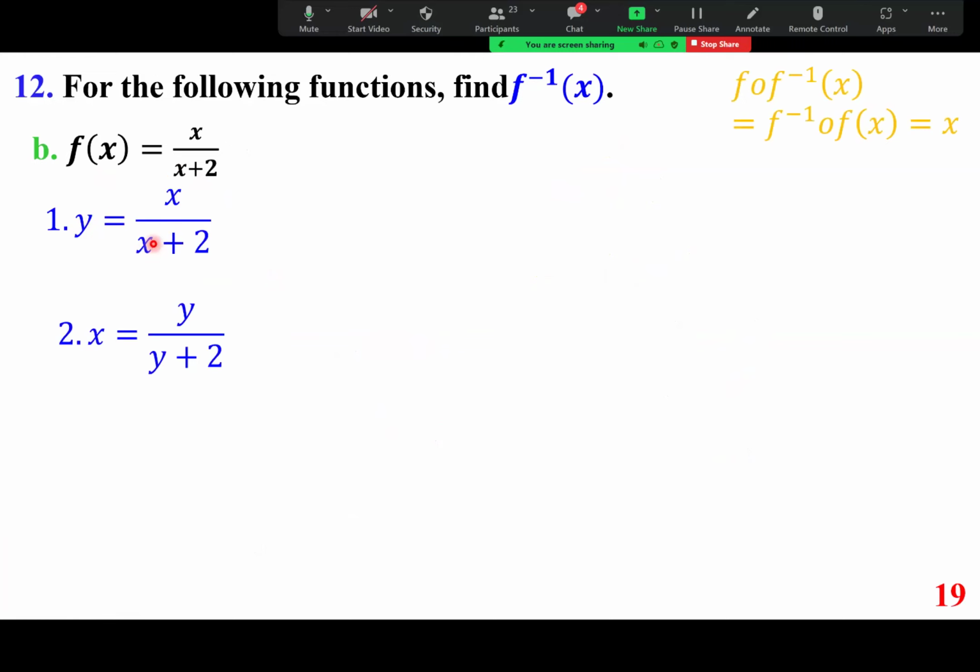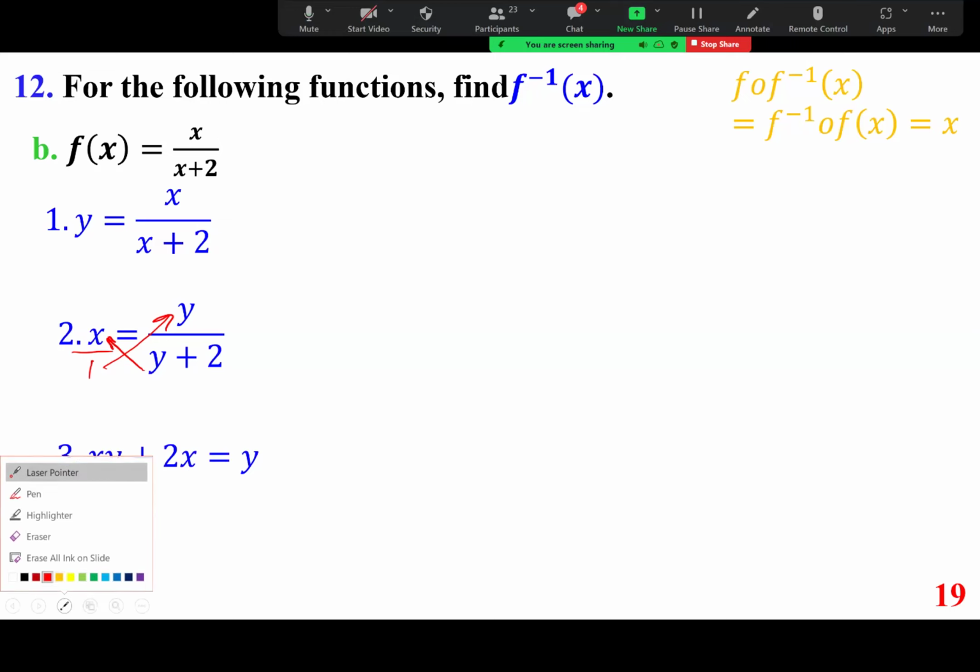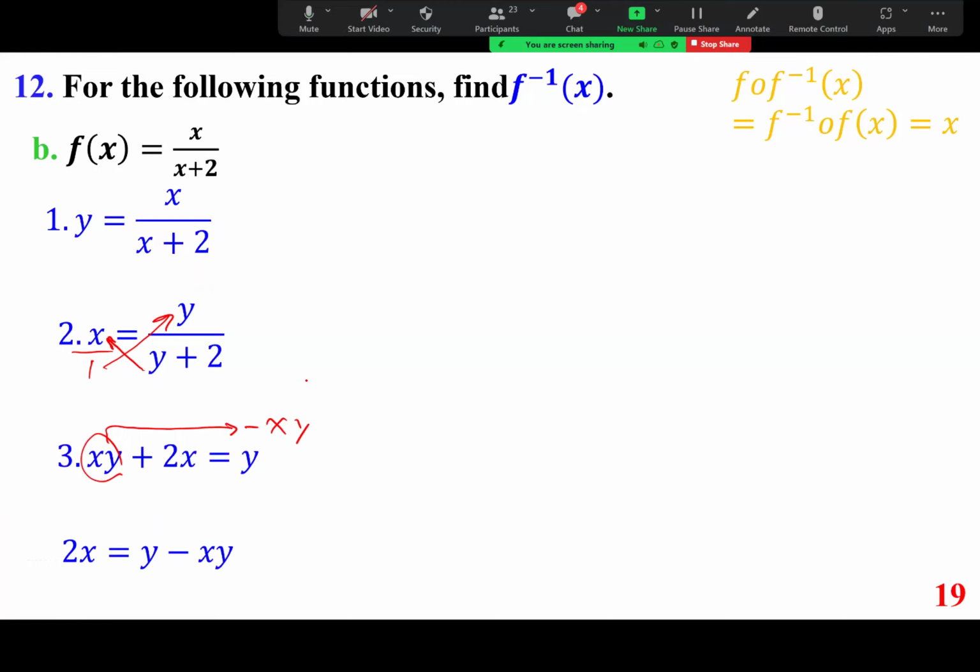However, we are going to solve for Y, which means we are going to put over 1, and we do the cross product. So when we do the cross product, this is X times Y, this is plus 2X, this is equals Y. You're solving for Y. You move this, and you factor the Y out from the right side.